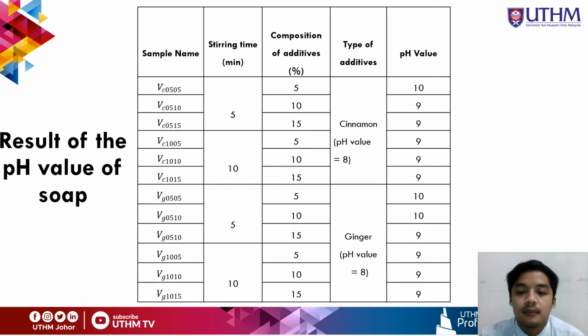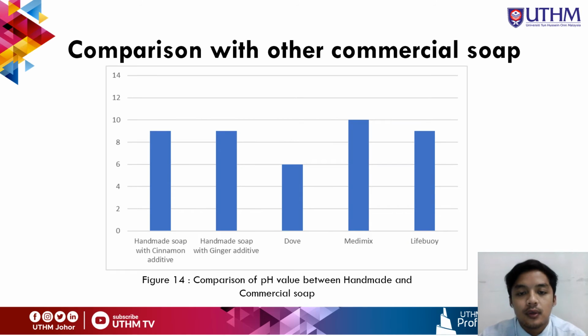in this table. Okay, so for the comparison with other commercial soaps, which are Dove, Medimix, and also Lifebuoy liquid soap, the handmade soap with plant-based additive produces the exact same pH value, which is 9, while the pH value of Dove soap is the lowest, which is pH 6, and the Medimix indicates the highest pH value, which is pH 10, while Lifebuoy has the exact same value as the handmade soap with plant-based additive.